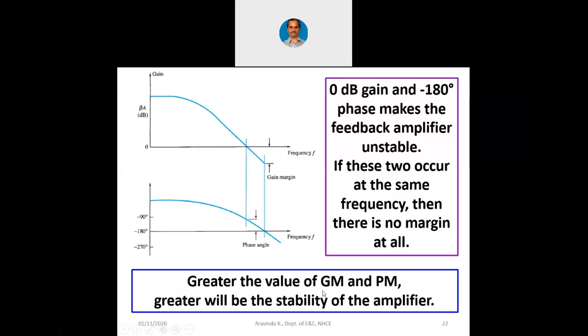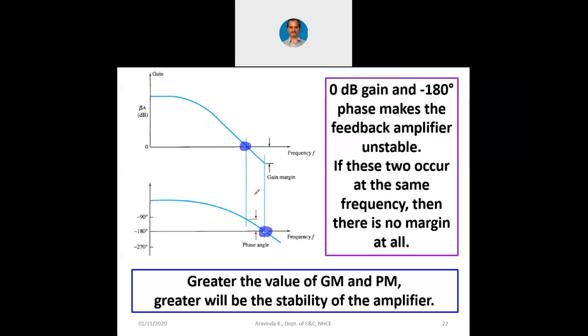Lastly, greater the value of the gain margin and phase margin, greater will be the stability of the amplifier. Means these two crossovers, let me annotate. See, we have this crossover and we have this crossover.